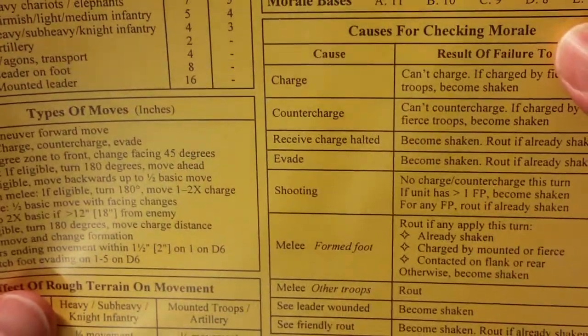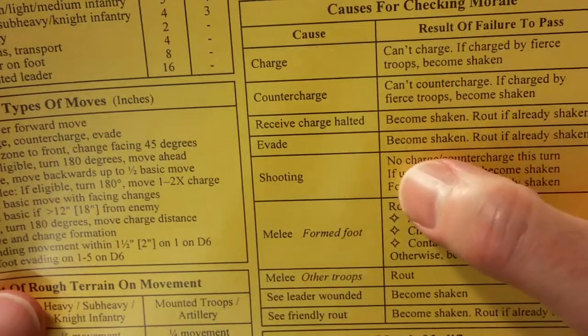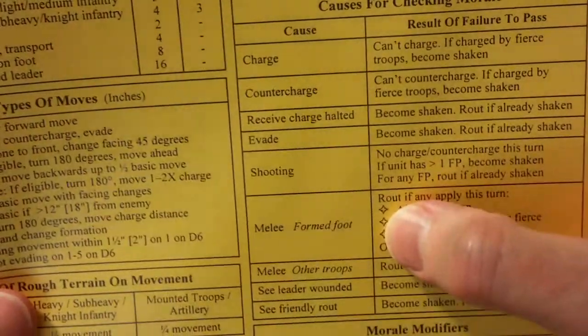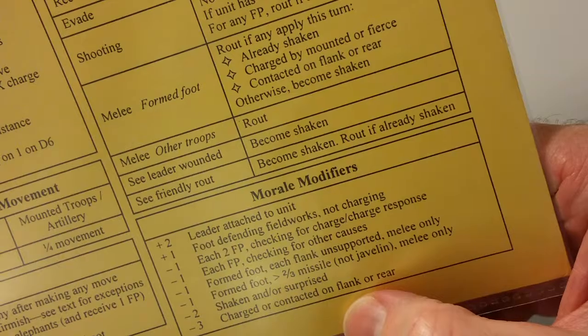Causes for checking morale: charge, countercharge, receive charge, halted, evade, shooting, melee, formed foot, melee other troops, and okay, morale modifiers, about 8 morale modifiers. So that's all the first side of the Might of Arms play aid.